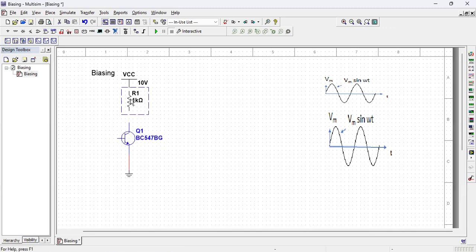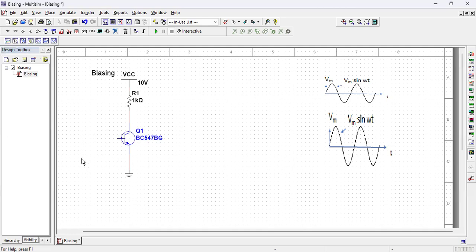You will learn this decision when you learn the design criteria. Today, I am just giving you 1K. Trust me, 1K will work.